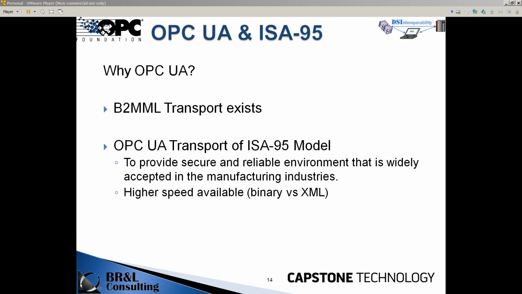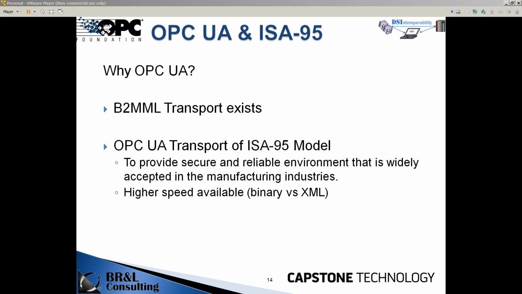And what we realized when we looked at the 95 model is that it has applications down even in level 2, especially some parts of the model. So using OPC UA, it's a nice complement to B2ML in that we have a higher speed binary sort of base transport of information, and we can transmit it down in level 2 or even make use of it in level 2.